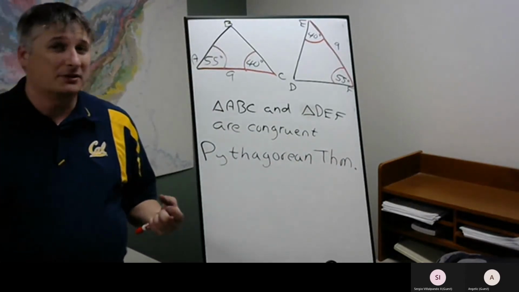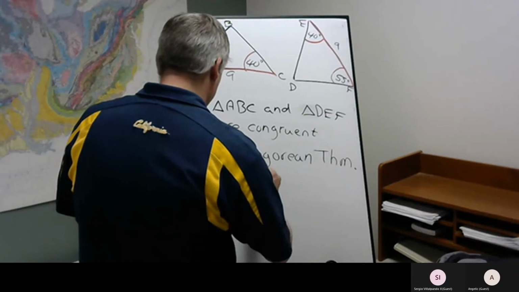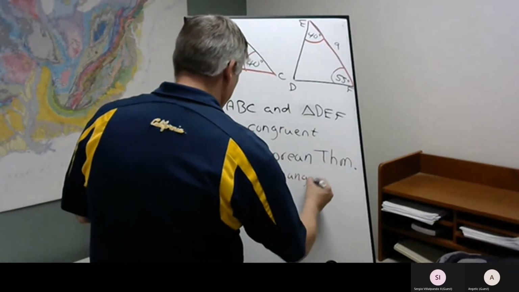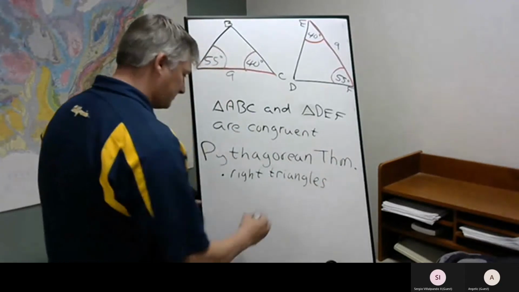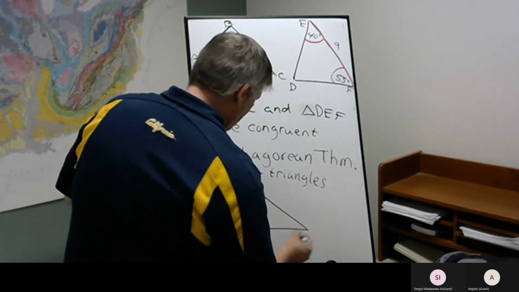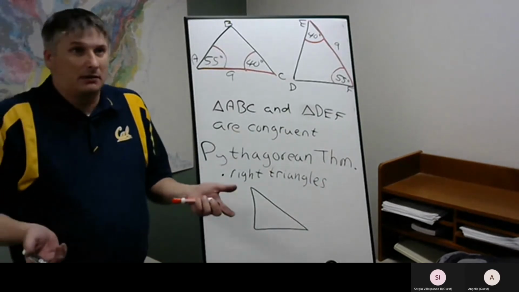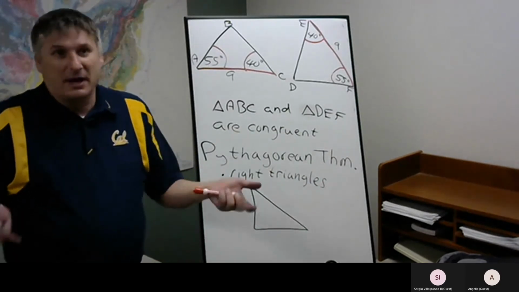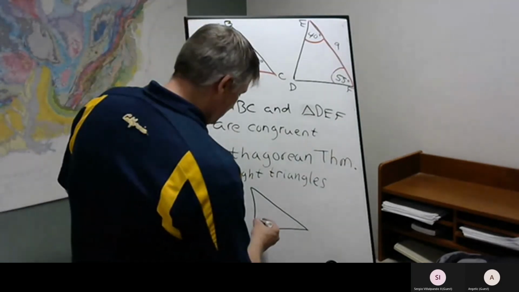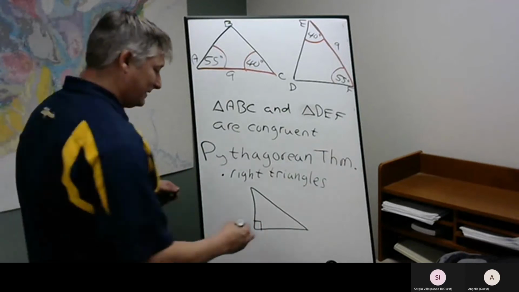This applies to right triangles. A right triangle, and this is something we mentioned a while ago, so it might have easily been forgotten, has a 90-degree angle in it.